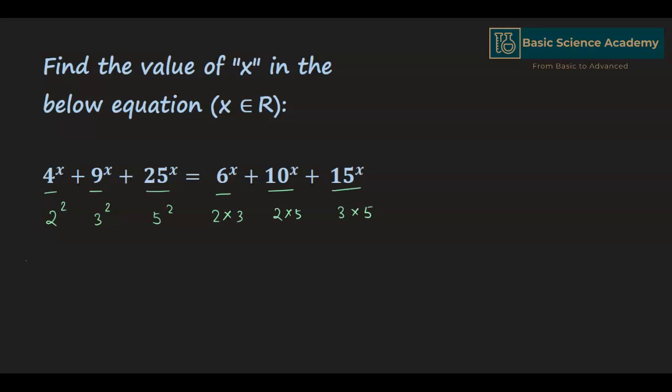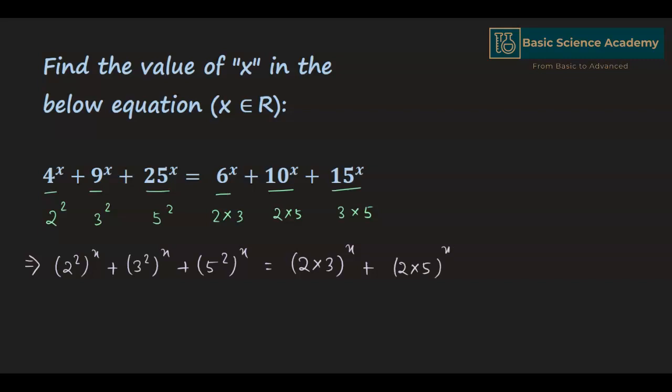Now, this equation becomes 2 square to the power of x plus 3 square to the power of x plus 5 square to the power of x is equal to 2 multiplied by 3 to the power of x plus 2 multiplied by 5 to the power of x plus 3 multiplied by 5 to the power of x.